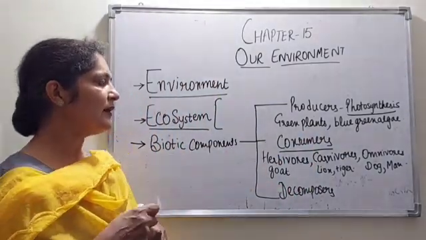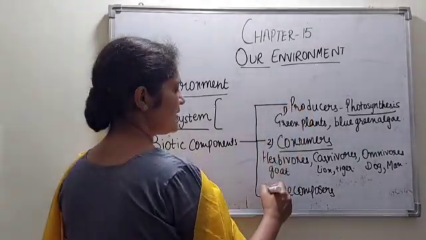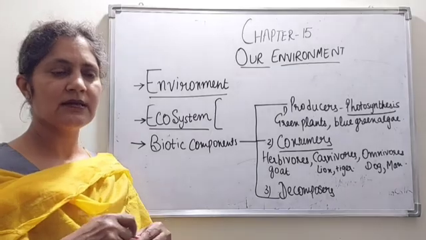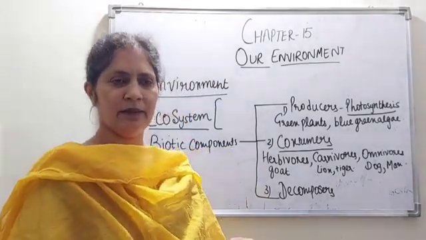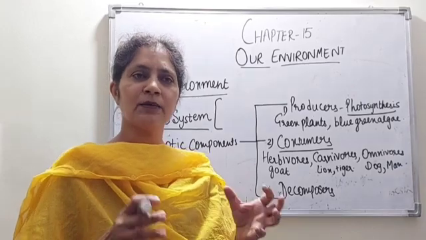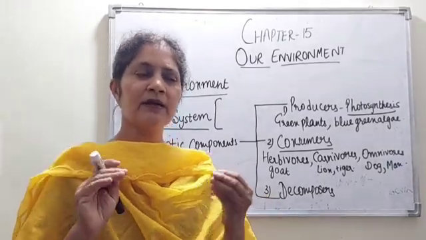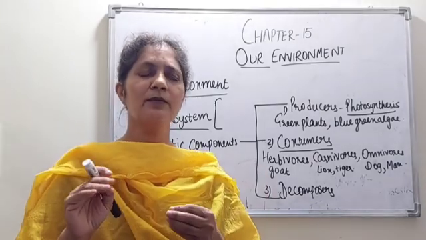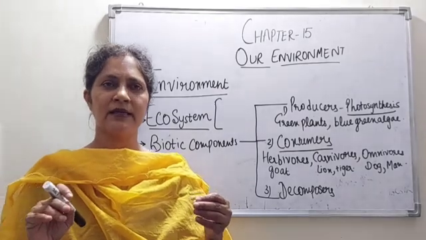Now third type of biotic components are the decomposers. Decomposers, students, play a very important role in the environment as they decompose the dead plants and animals. They decompose the organic compounds formed by the dead plants and animals.